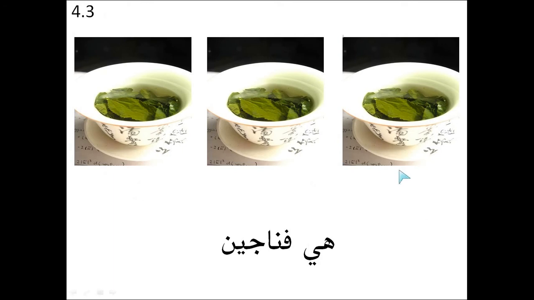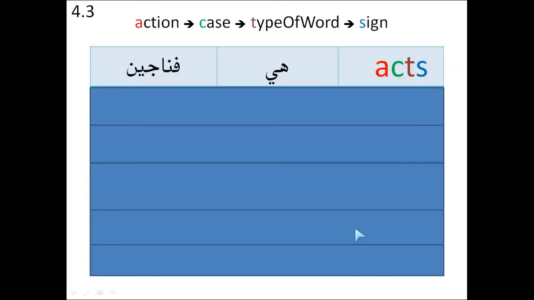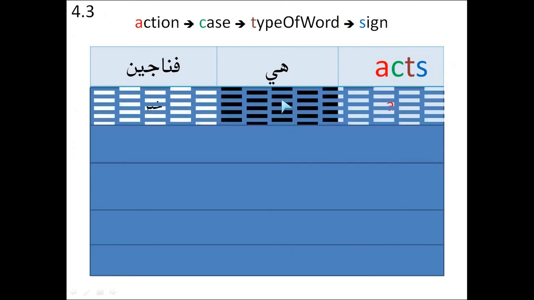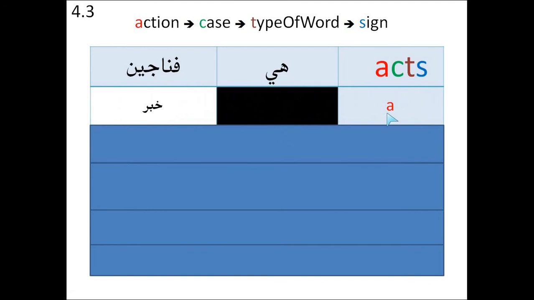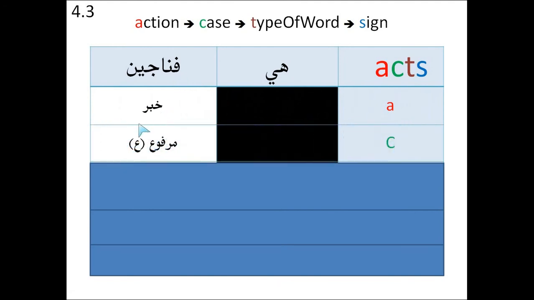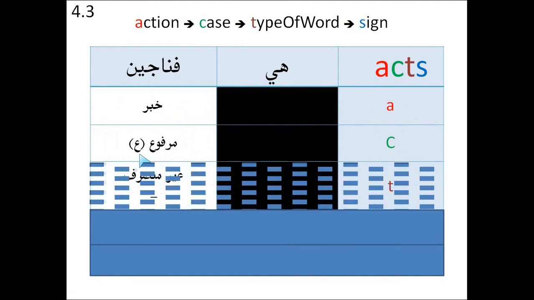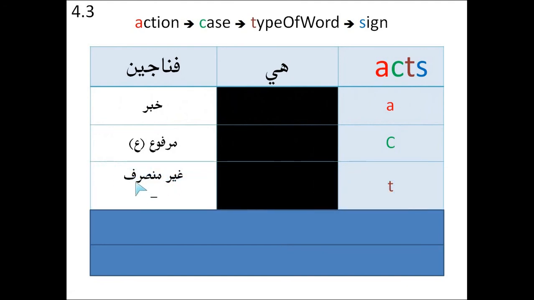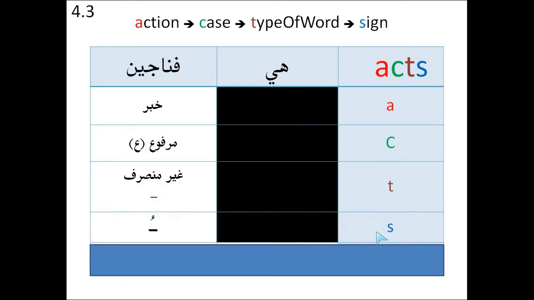Here, fanajin. These are cups. So here is a dhamir. We're not going to deal with that analysis at the moment, though it is a noun. Act. So the action of this word is a khabar. It is therefore marfu', and it is ghair munsarif and nakira. That's the type of word it is. And then we look at the sign, and it takes a dhamma.